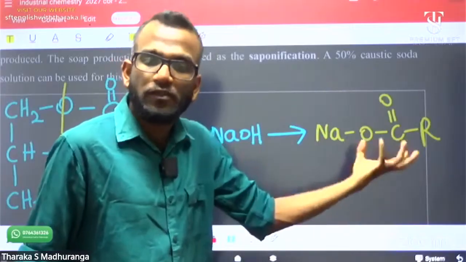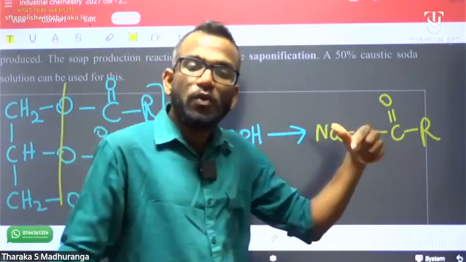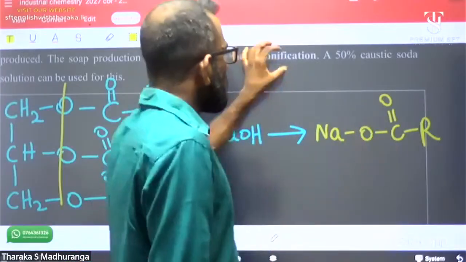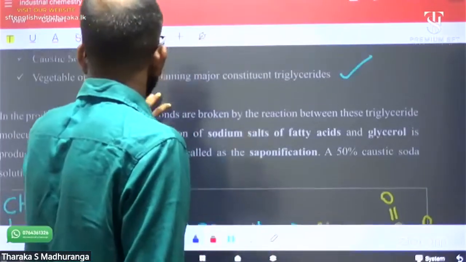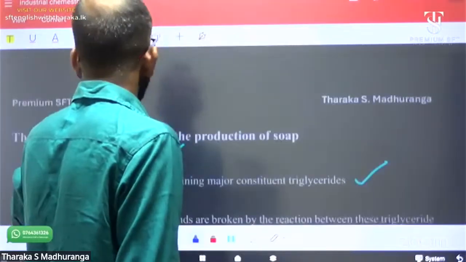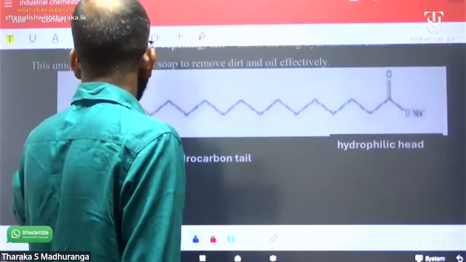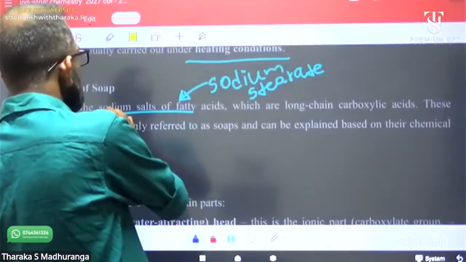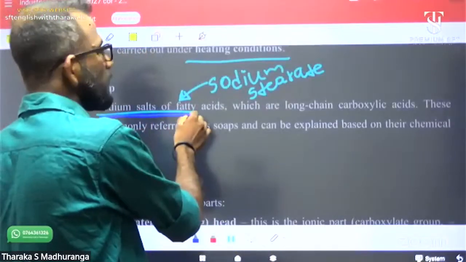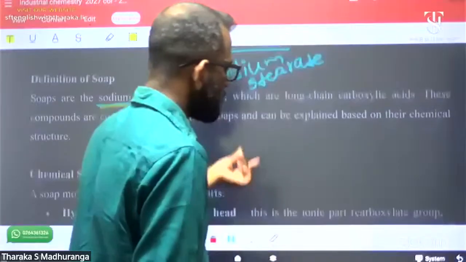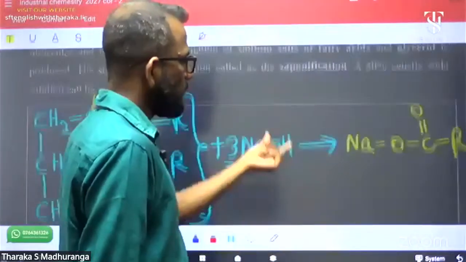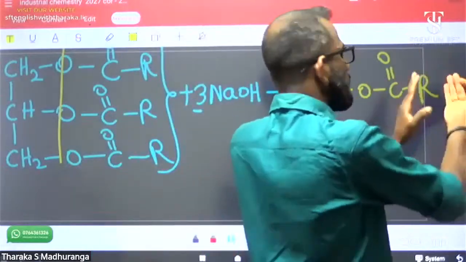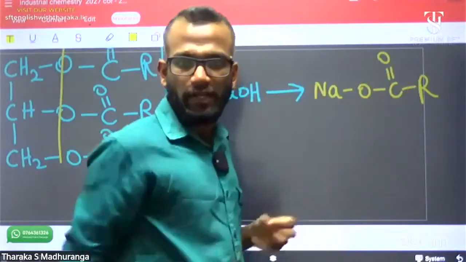Sodium stearate is a soap. That's why we say soap is the sodium salt of fatty acid. This is soap.